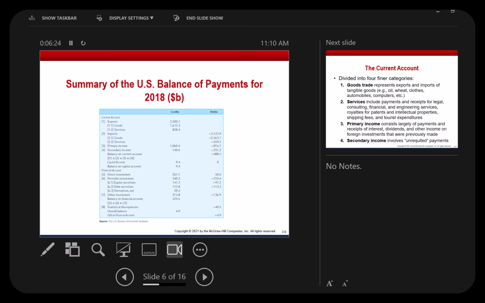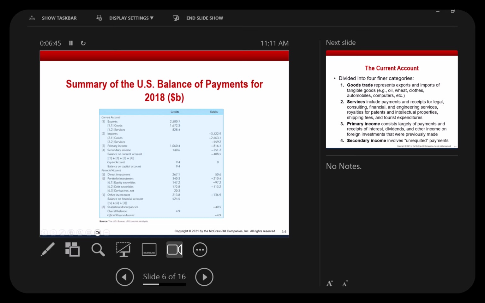So if a US national lives in Germany and they earn income there, that would be income. The balance on the current account is almost $500 billion.